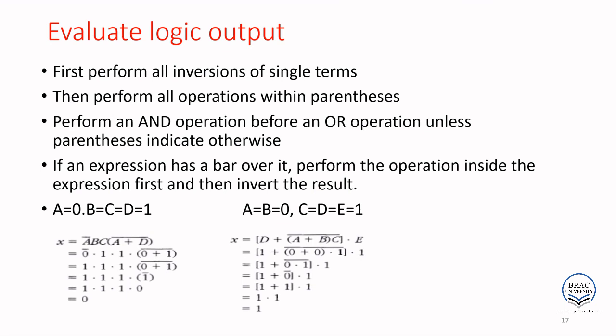Similar thing should be done for this one. So I suggest you pause the video now and try to find the output for this expression. Remember, you are given A, B, C, D, E values. Just put the values here.